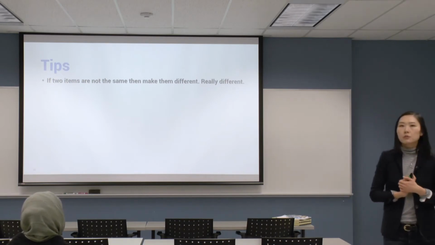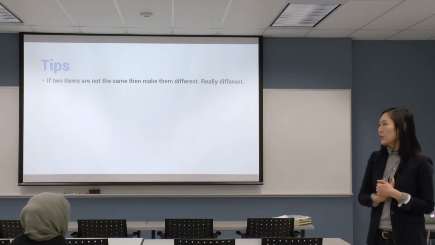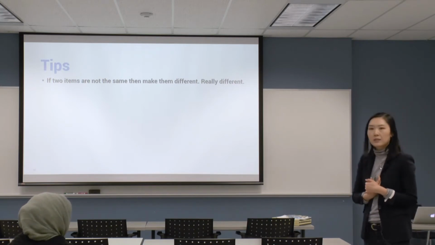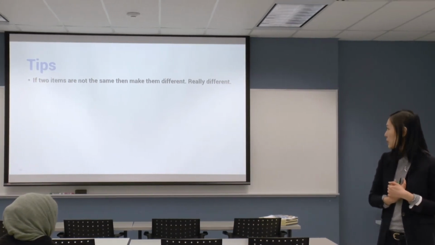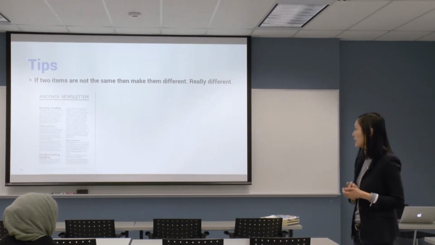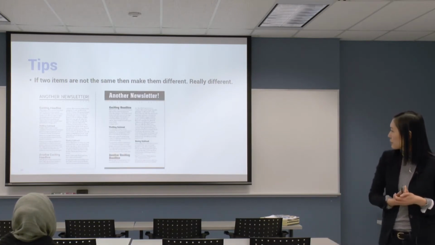Okay, so a couple of things to remember. If you're making two items different, really avoid this wimpy, barely different approach, and just make them really, really different, right? So in this case, another example.